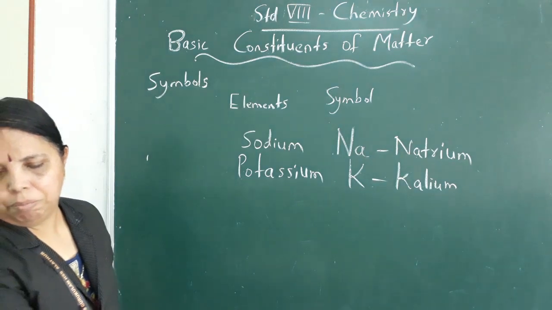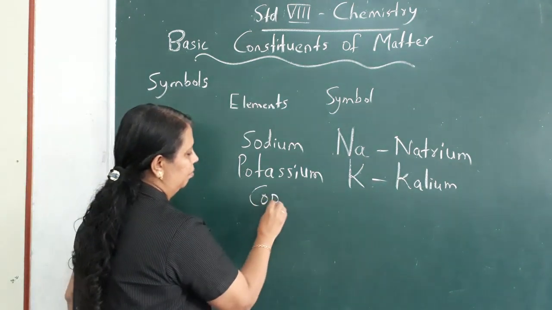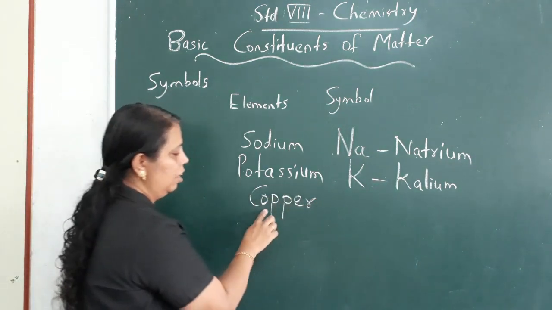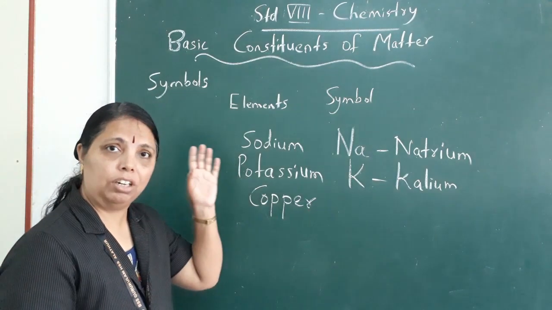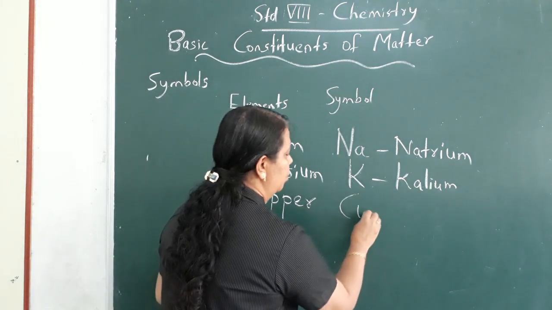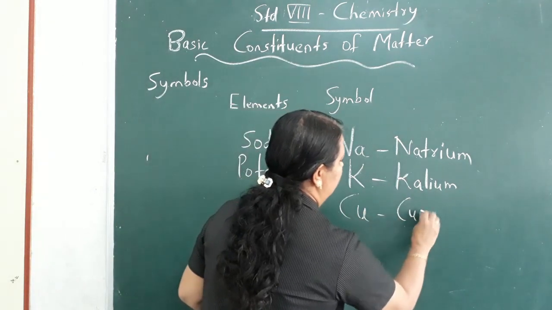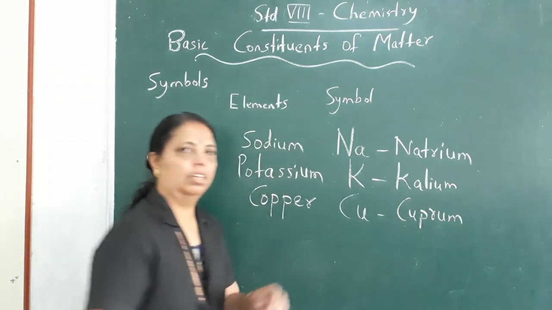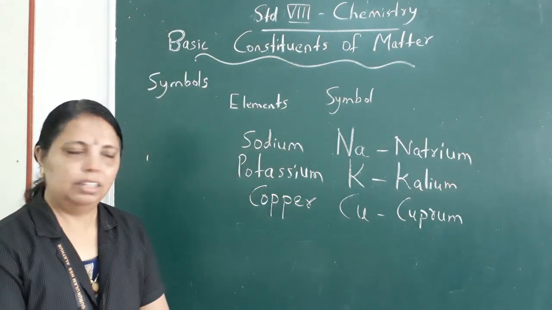Then, given in the book is copper. If you write CO, that stands for cobalt, not for copper. The symbol for copper is Cu, from the Latin name cuprum. Okay?